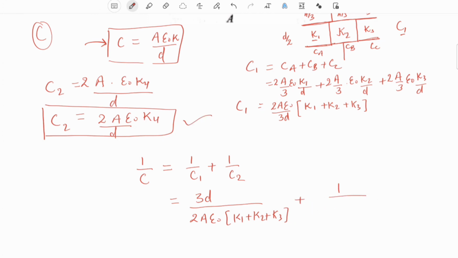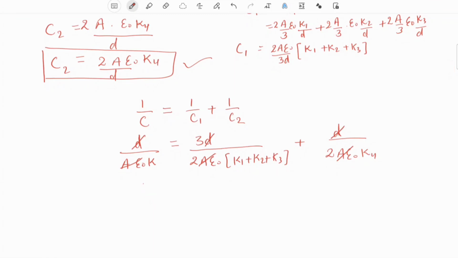The value of C2 we can write from here, which is 2A epsilon naught K4, and d comes up. This will be equal to the equivalent capacitance, that is A epsilon naught K upon d, so d goes up. So from here A epsilon naught will get cancelled. d and d will get cancelled.